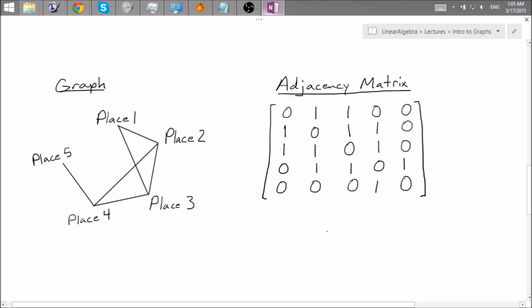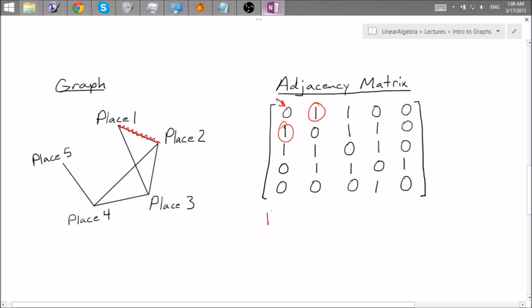It also encodes the number of paths between any two vertices of length 1. So I see if I want to go from place 1 to place 2, I can go along this edge. That's length 1, and that's this one here or this one here. So notice that I can't go from place 1 back to place 1 with a path of length 1, so that's the 0 in this first position.